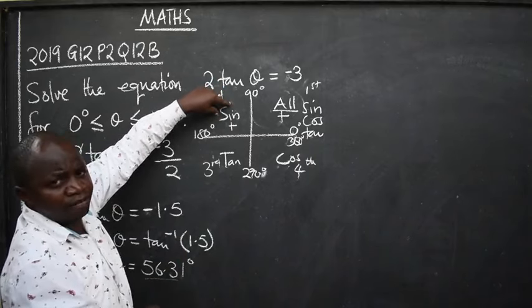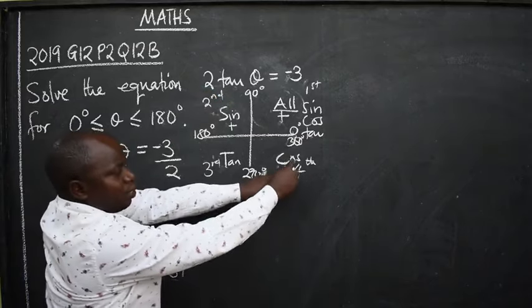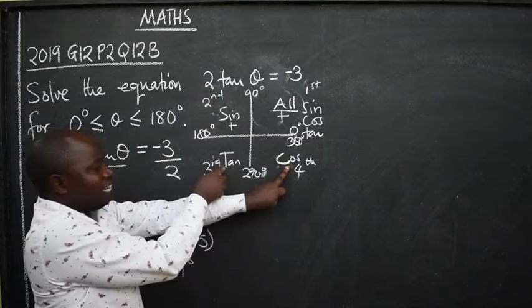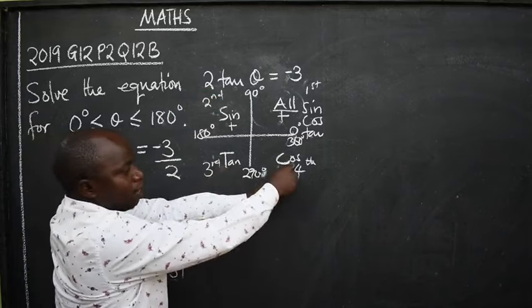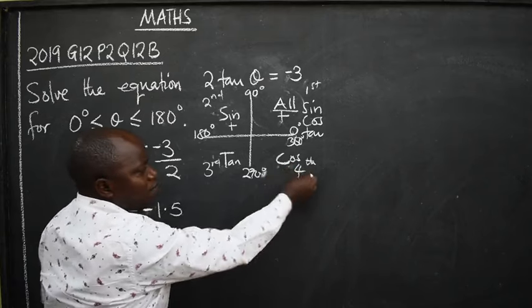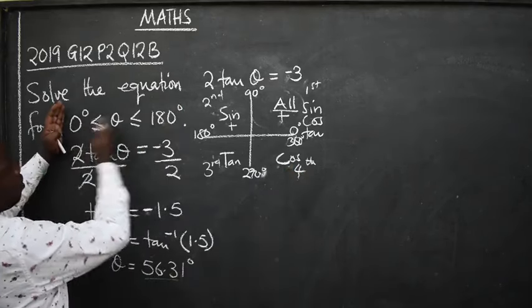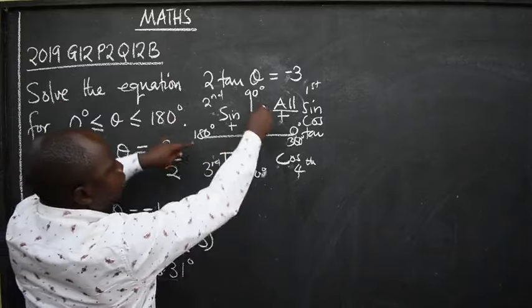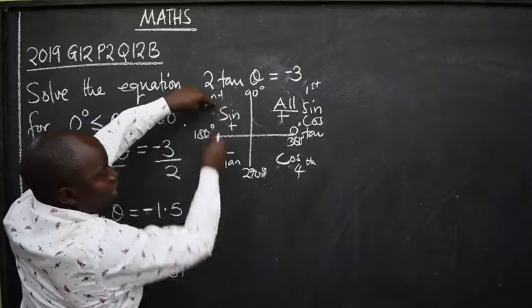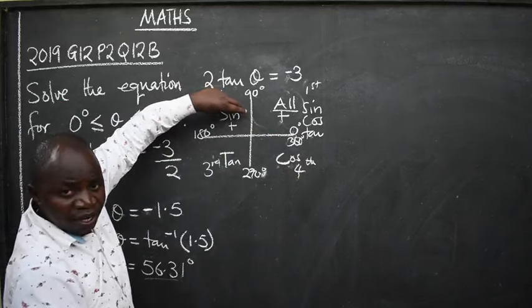Here also tan is negative. Tan is positive here, but here it is also negative. But we are not going to get the fourth quadrant. Why? We are looking at the range 0 to 180. So 0 to 180 ends here, not here. So you only concentrate on the second quadrant.